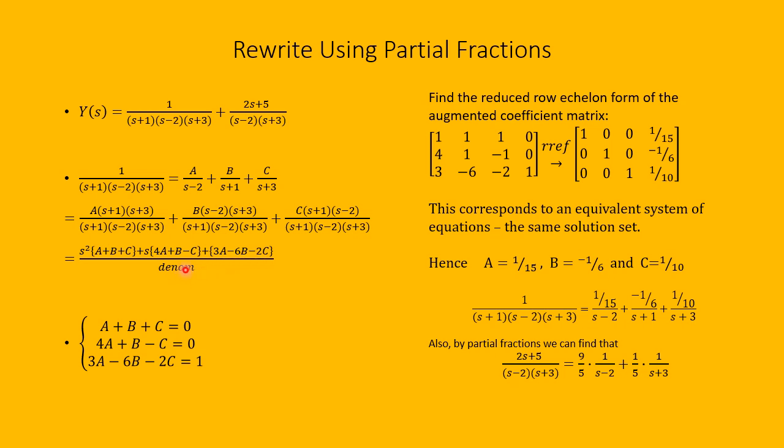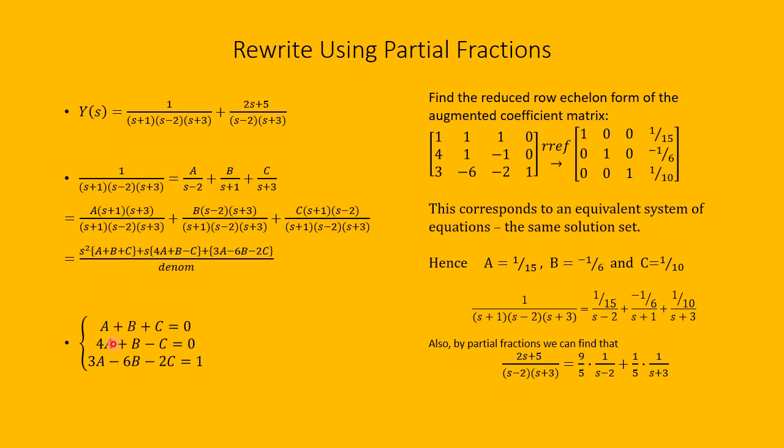So now we compare that to the original fraction that we have up here. This stuff just has to be 1 over that denominator. So that means the coefficient of s² has to be 0. The coefficient of s has to be 0. The constant term here has to equal 1, this numerator that we have here.